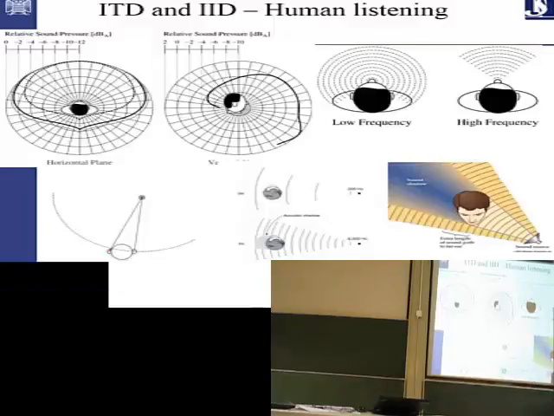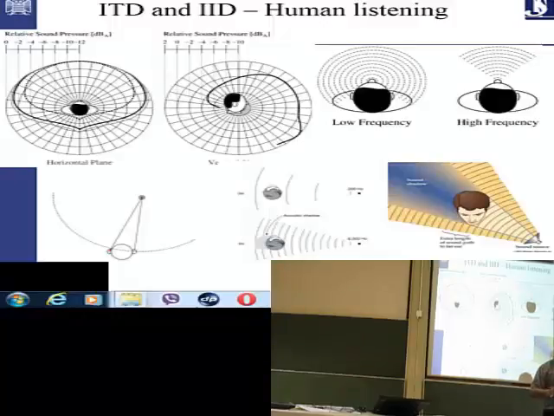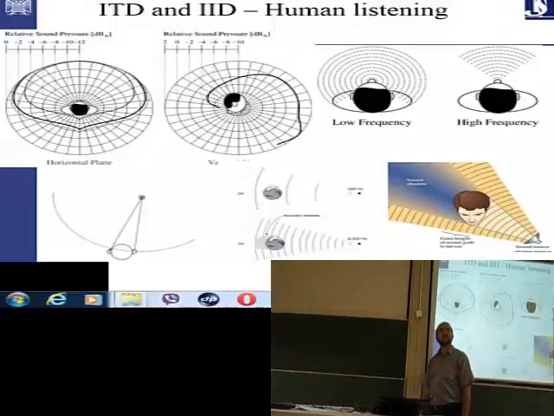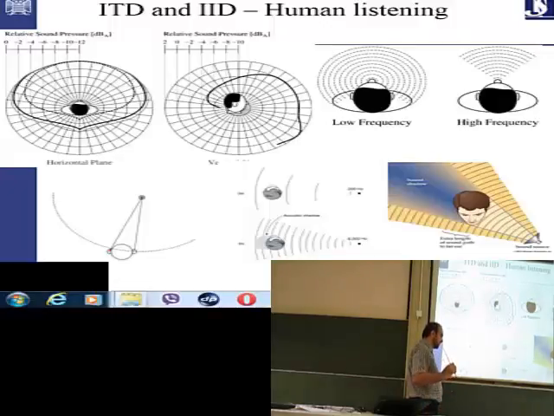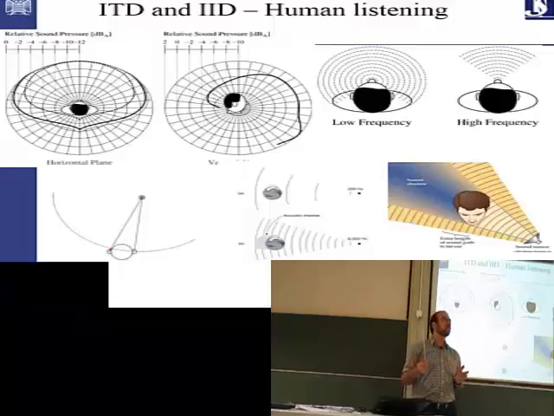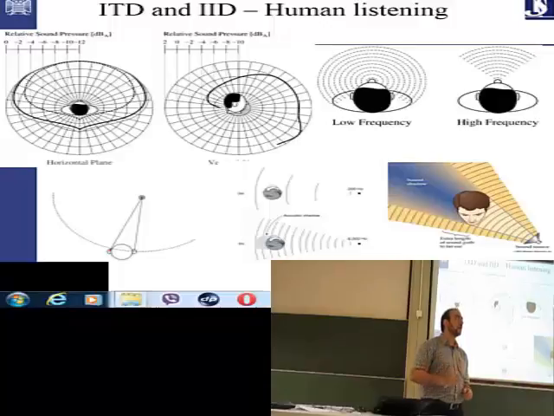So the difference in the intensity is drastically different. If you are looking this way and someone is talking from that side, just by the intensity, you directly look back to the person, if the frequency is higher.